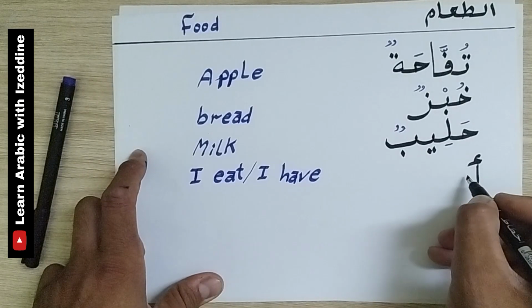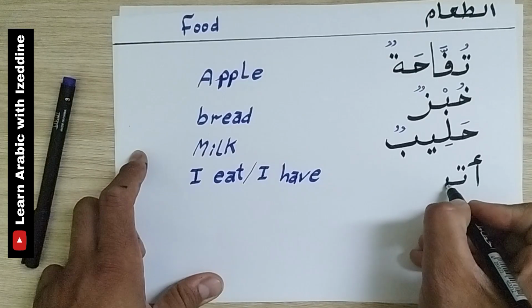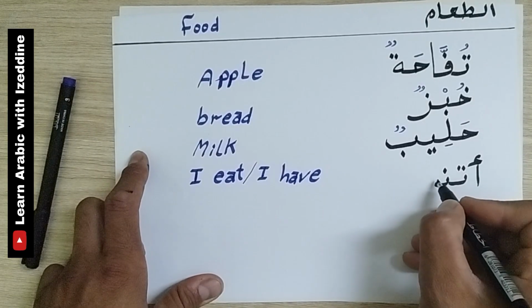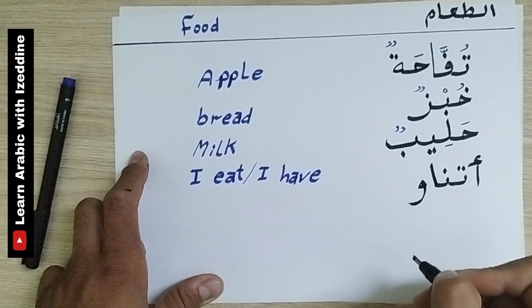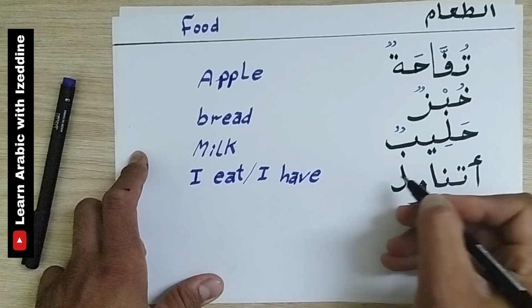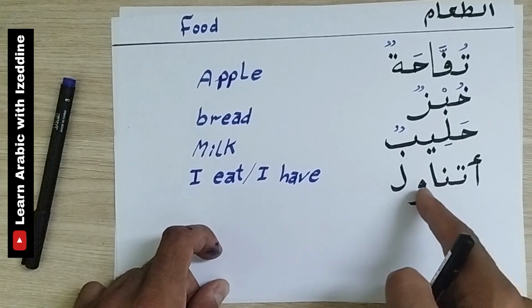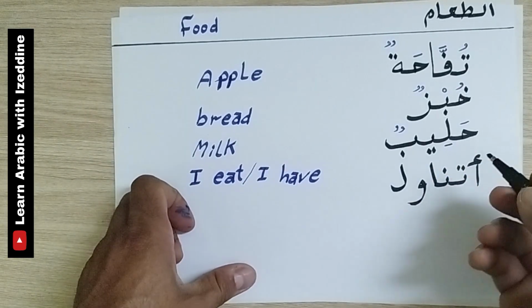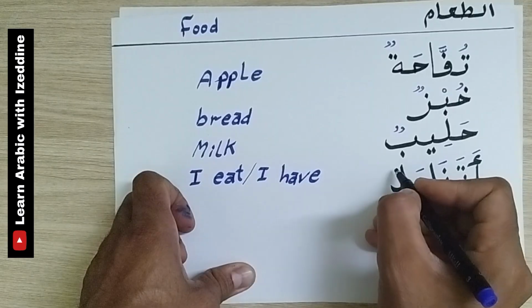The letter ألف, the letter تاء, the letter نون, then the letter ألف, الواو, and then اللام. أتناول. Now it needs vowels. أتناول.